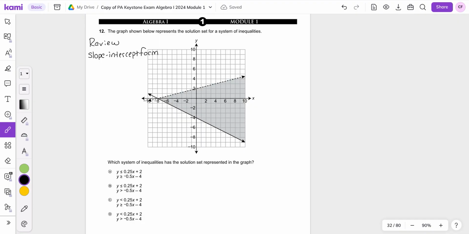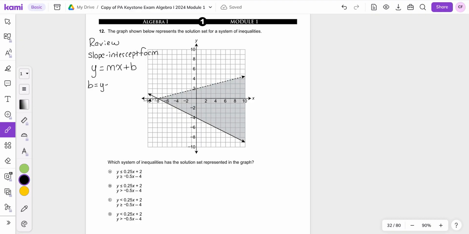And what slope-intercept form is, y equals mx plus b. Yes, we're working with inequalities, but it's still part of the formula of the y, the m, the x, and the b.